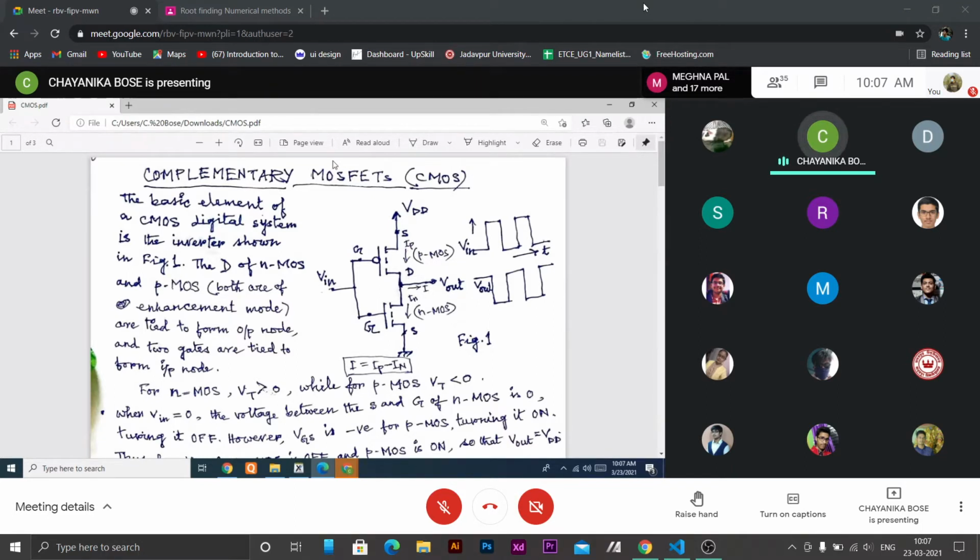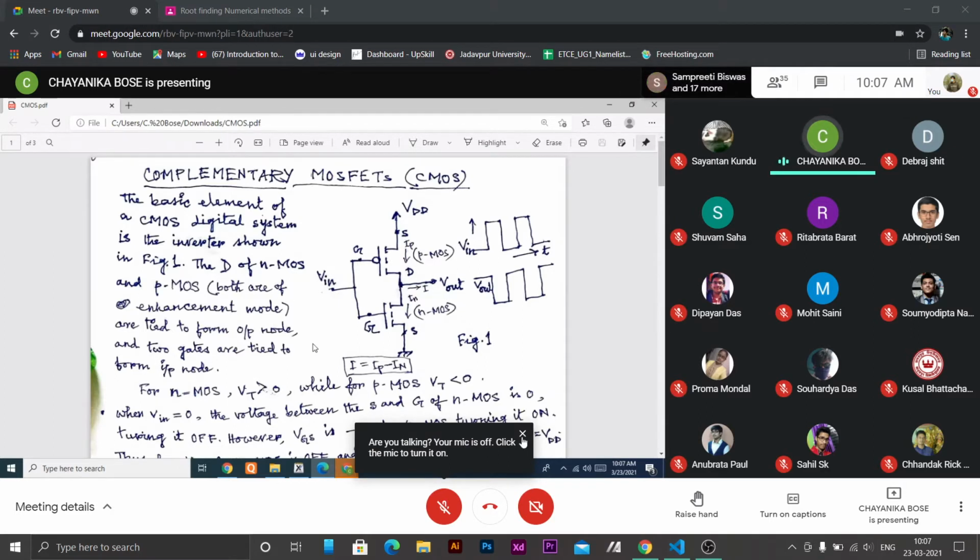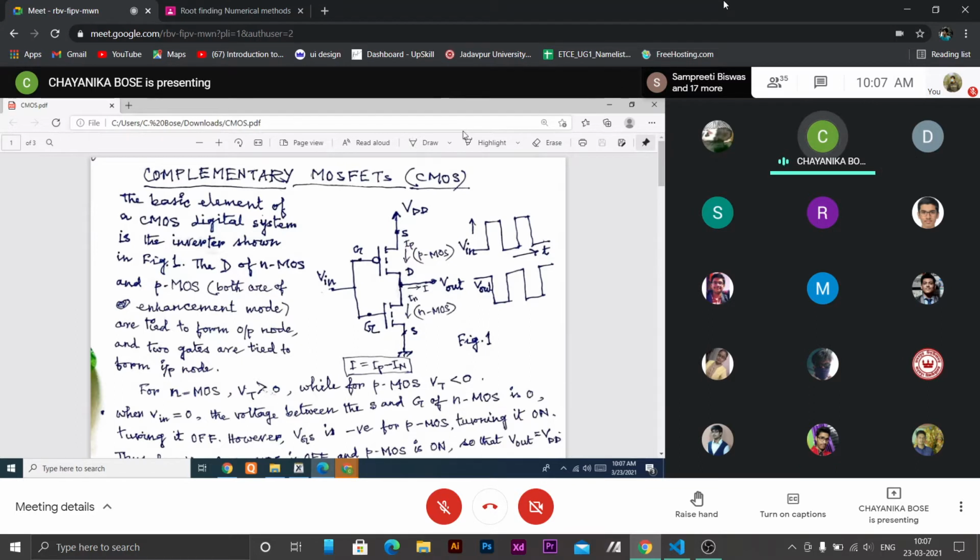Such a pair is called complementary MOS. The current flowing through the device, their threshold voltage, every important parameter for these two MOSes are identical, but of opposite polarity, opposite direction.